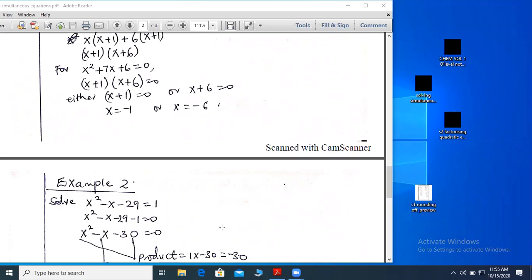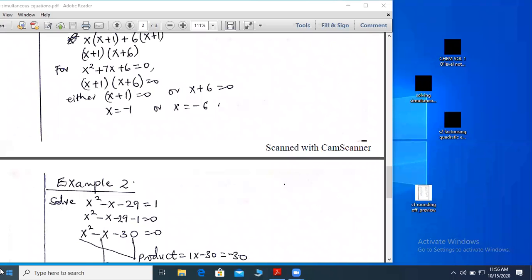So first write the factors of 30 and find out if you make one of them a negative, which ones will give you a sum of -1 and a product of -30. Who has found the factors already?